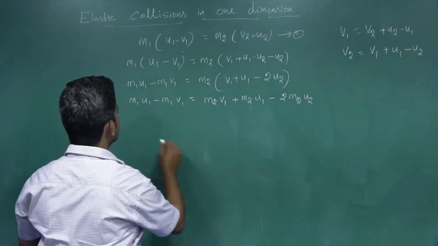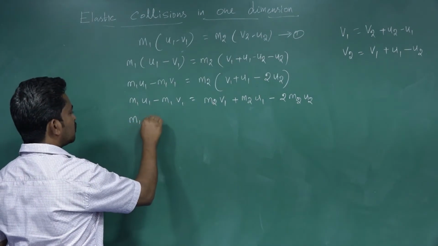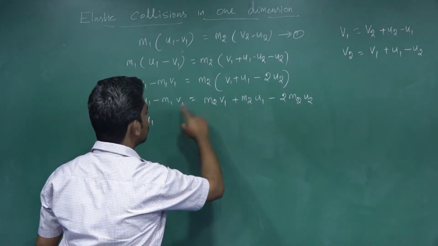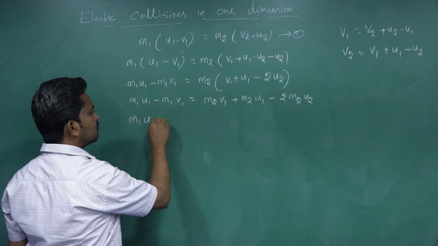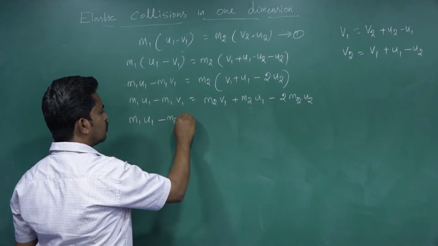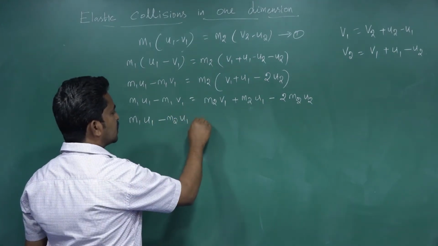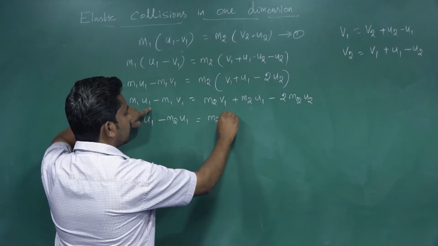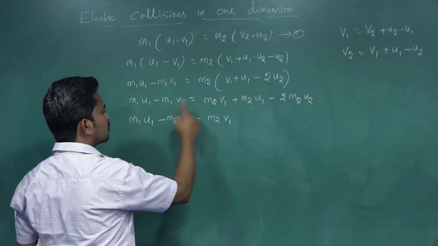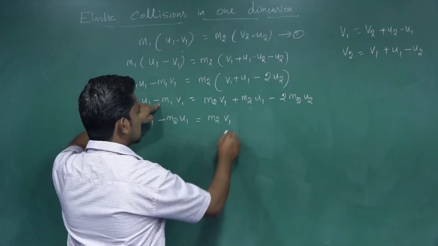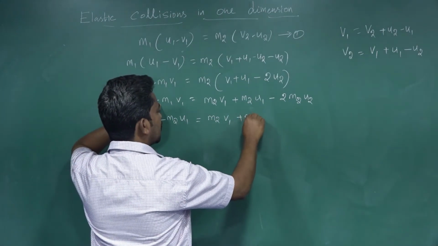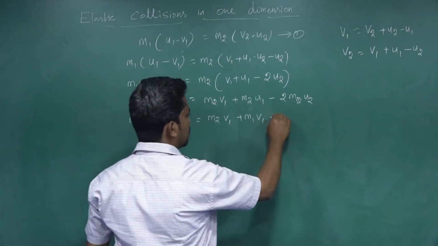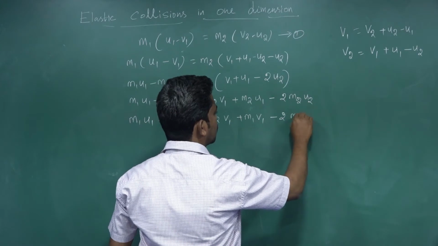A positive value goes to the other side and becomes negative, so minus m2 u1 is equal to m2 v1, and the negative m1 v1 goes to the other side as plus m1 v1, minus 2 m2 u2.